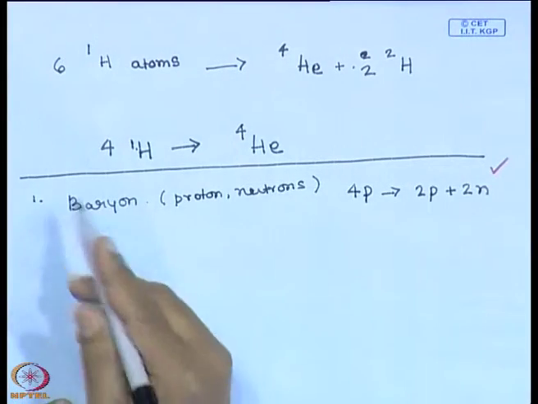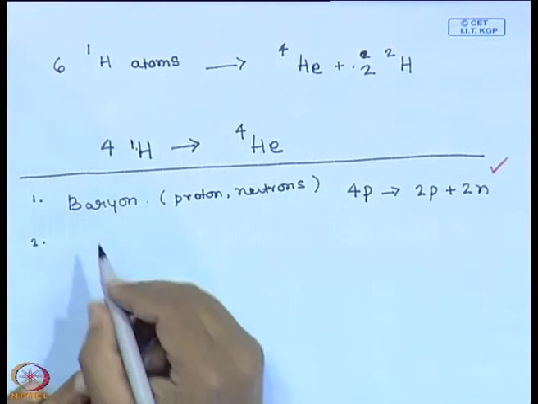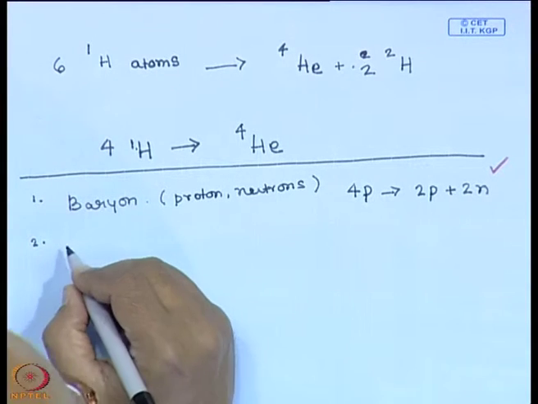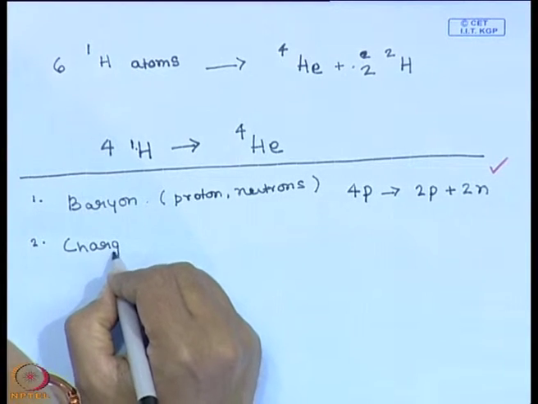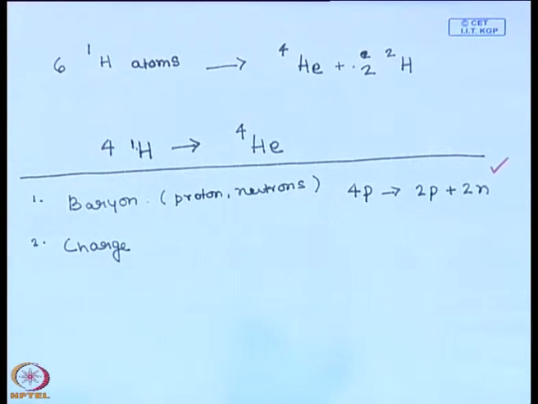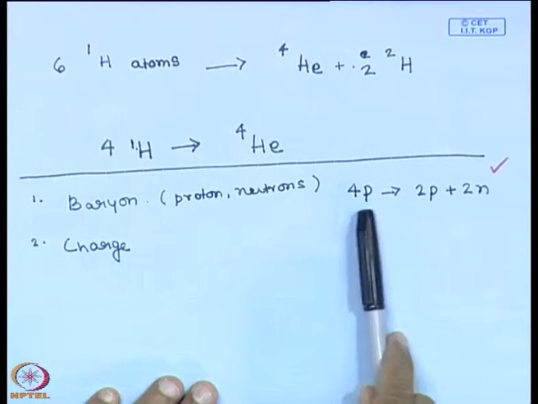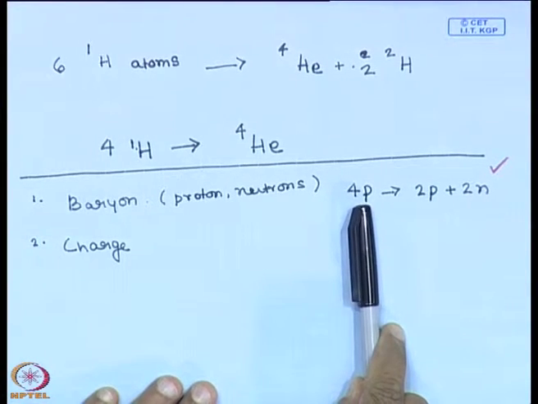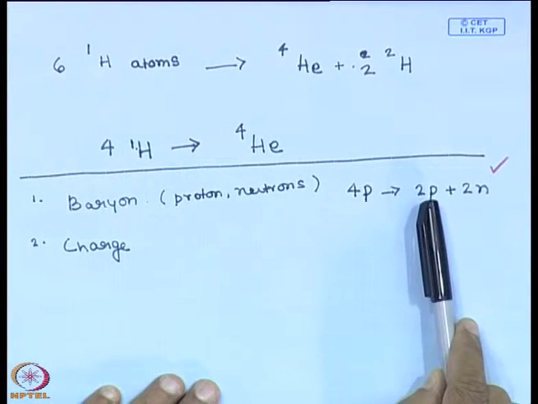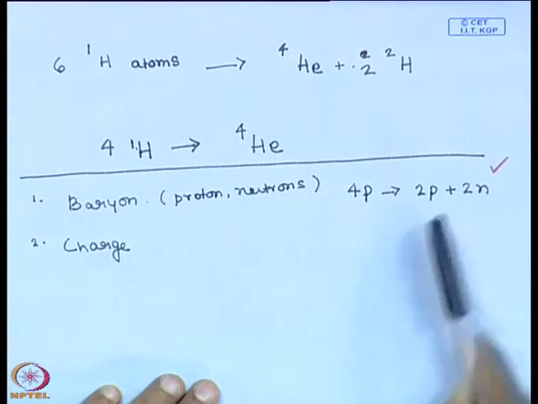Next we have the lepton number, or the charge. Let us look at the charge. The charge has to be conserved. Okay. So, the conservation of charge. Here we have 4 protons, which have 4 positive charges. Here we have only 2 protons and 2 neutrons.